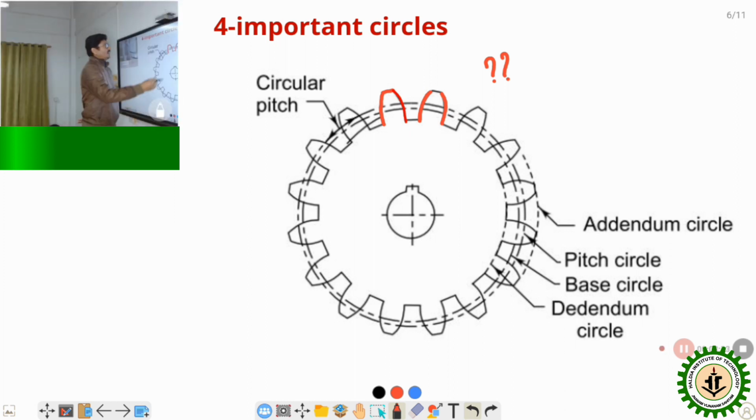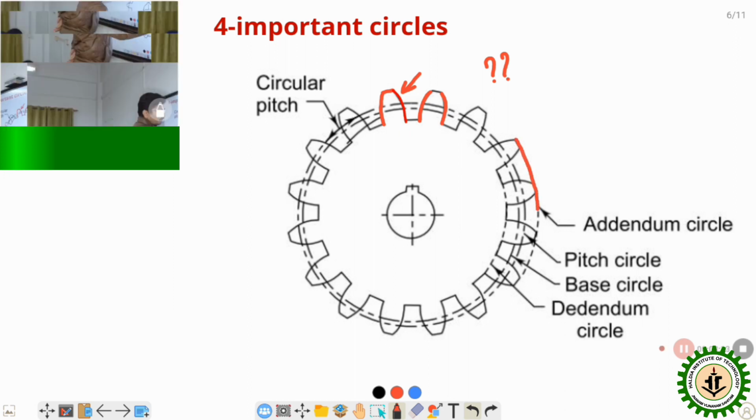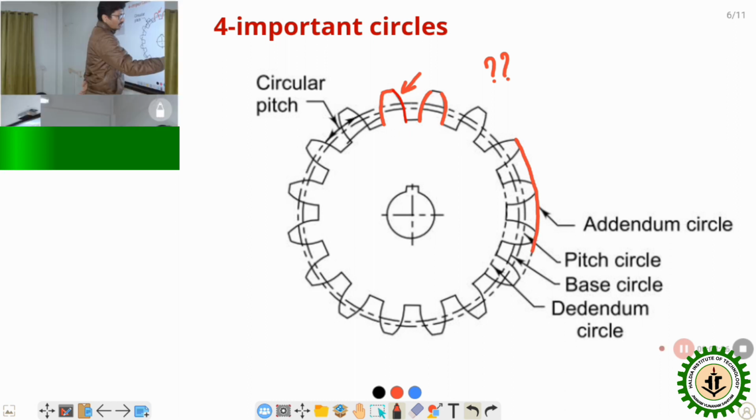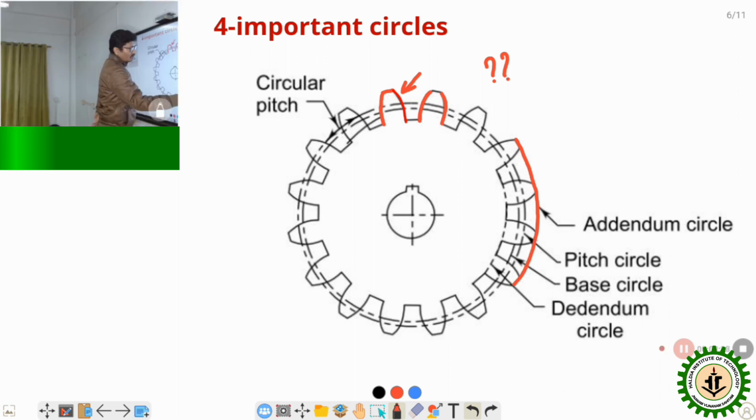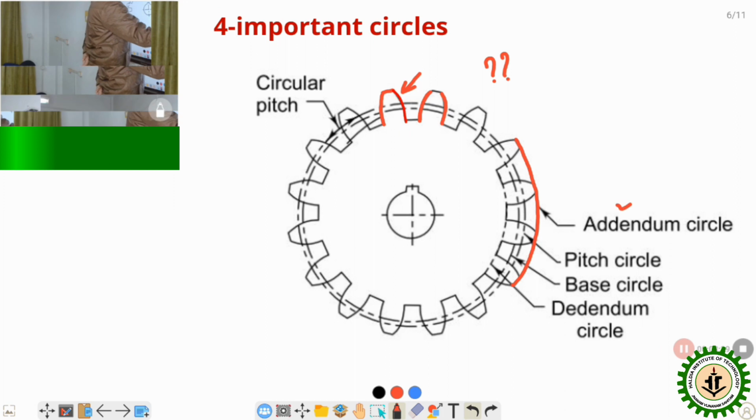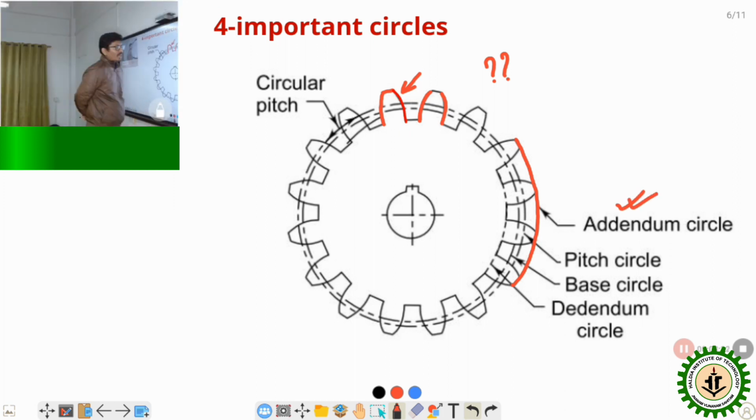So before learning the tooth profile, that means this curved tooth surface, we need to know about the four basic imaginary circles related to the gear. The first one: if I connect all the top surfaces of the teeth by a circle, we get the largest circle, known as the addendum circle.